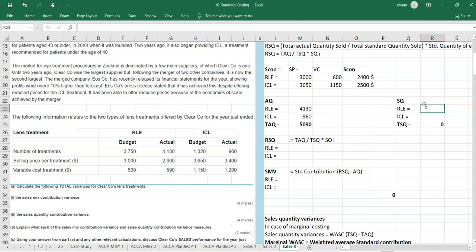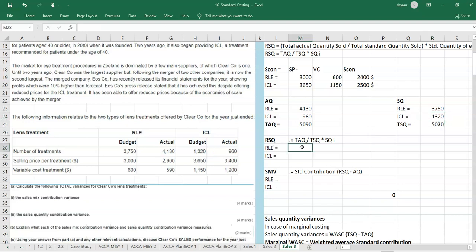SQ is budgeted quantity, so that is 3750 and 1320. Okay, so we got those numbers.